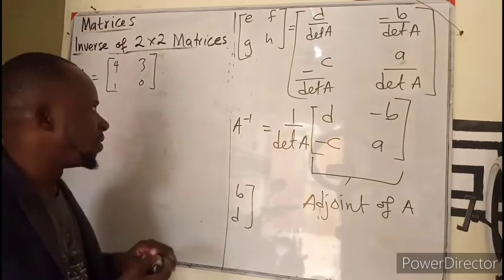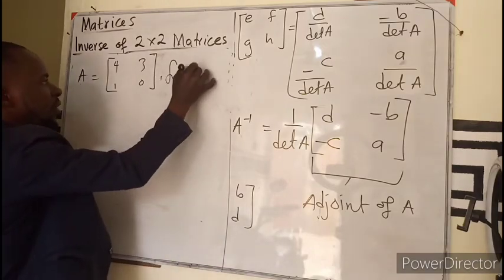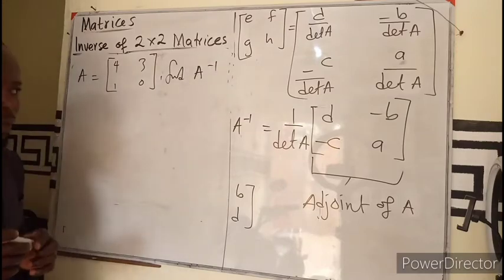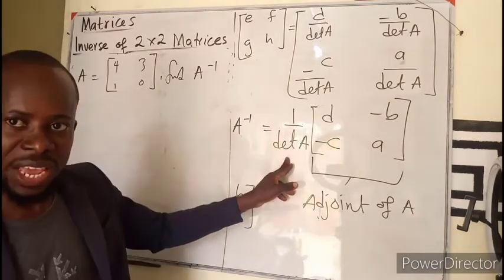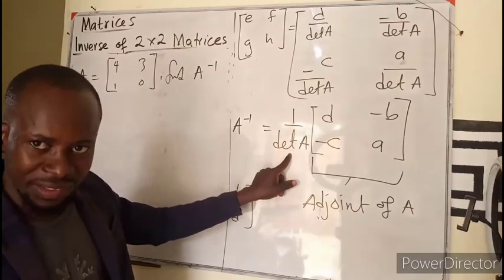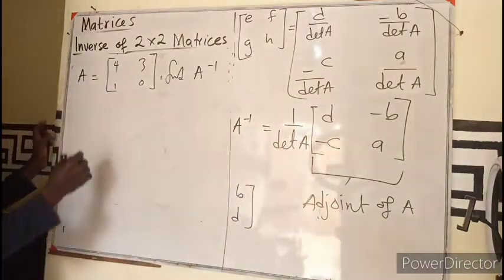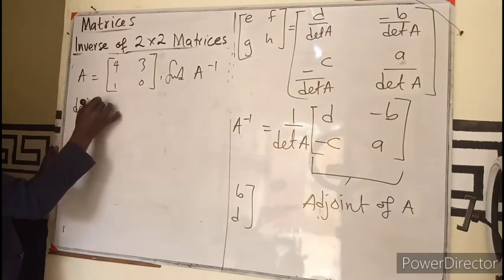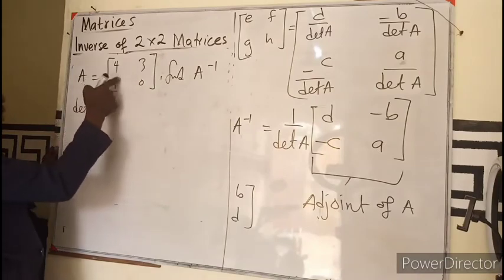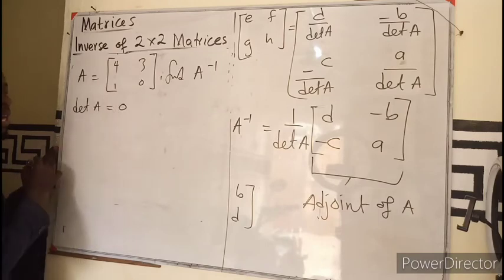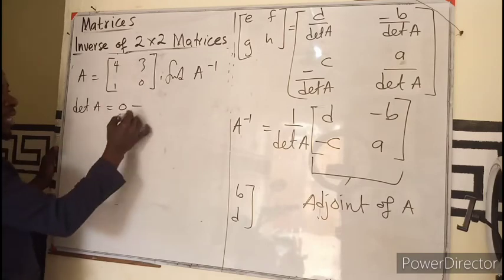Okay, let's see, we have this. We have to find the inverse of A. So this is the formula we are going to use to find the inverse of A. 1 over determinant, then we swap the position and negate. So in this case, my determinant of A is going to be the product of this, which is 0, minus this 3.